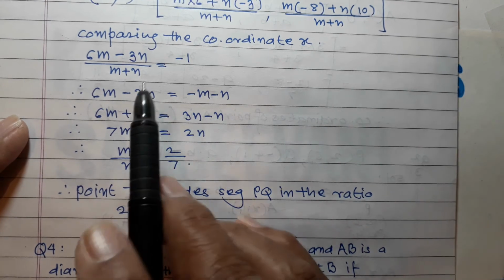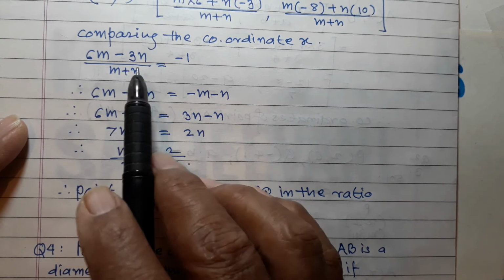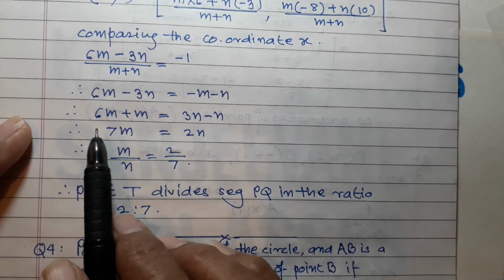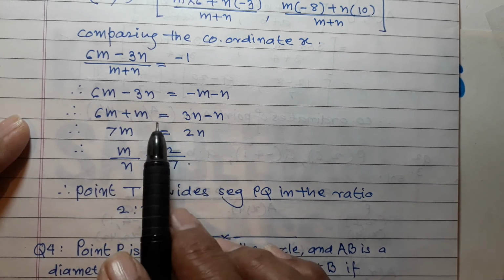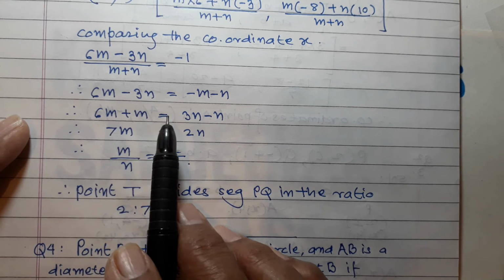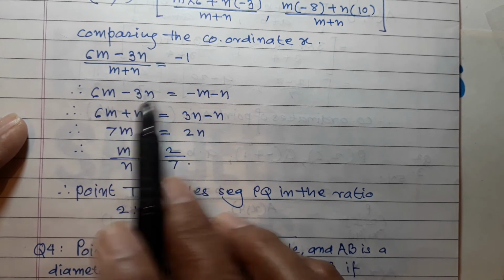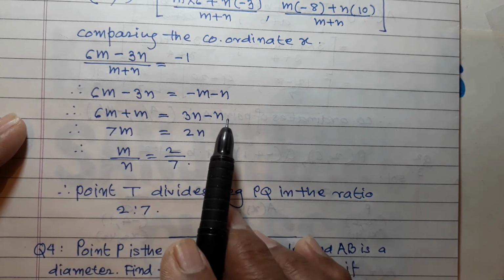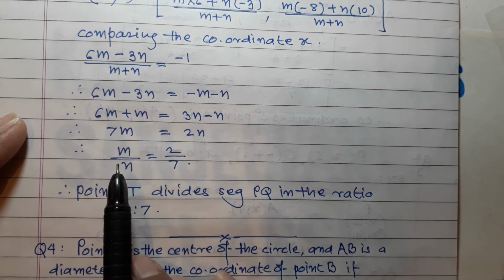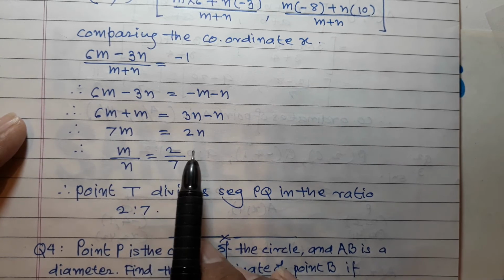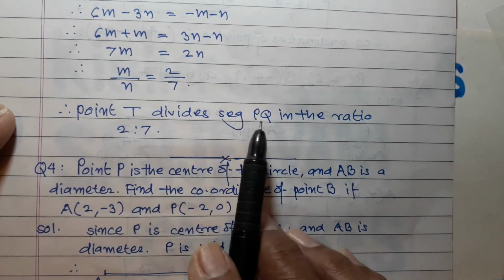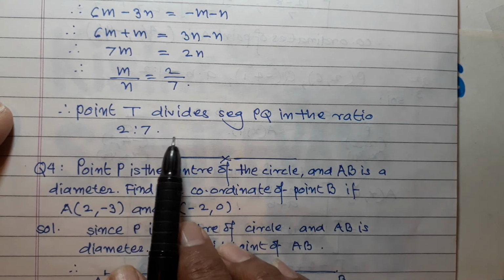So therefore 6m - 3n = -(m + n), this you transfer on this side, so minus m minus n, and therefore 6m, this m you transfer on this side, so negative becomes positive. 6m + m = 3n, this 3n you transfer on this side, so it is positive, minus n, and therefore 7m = 2n, and therefore m/n = 2/7, and hence point T divides segment PQ in the ratio 2:7.